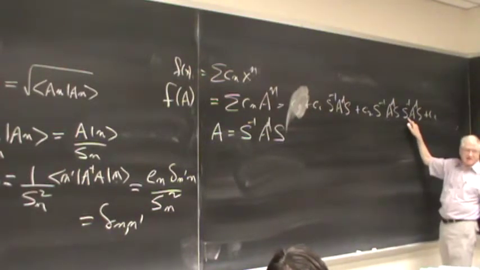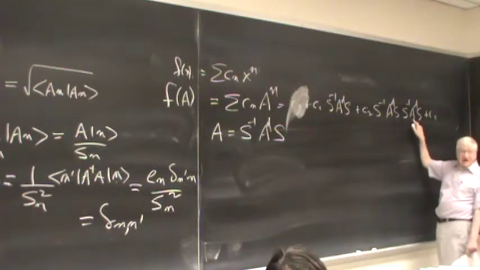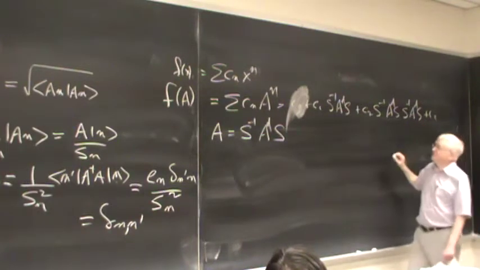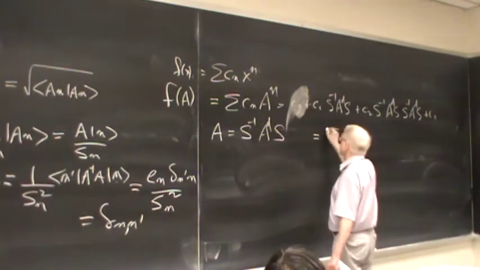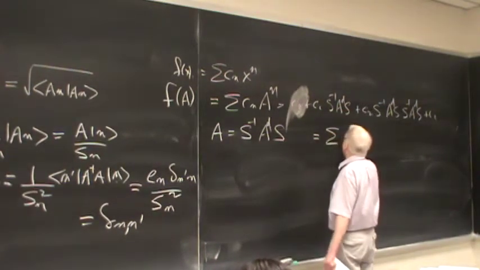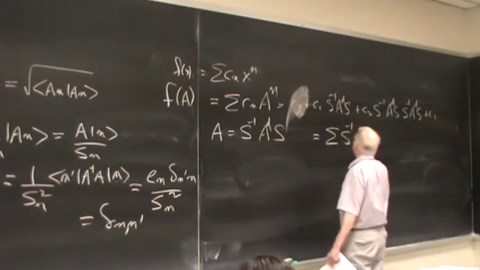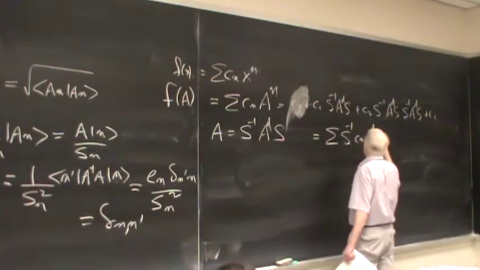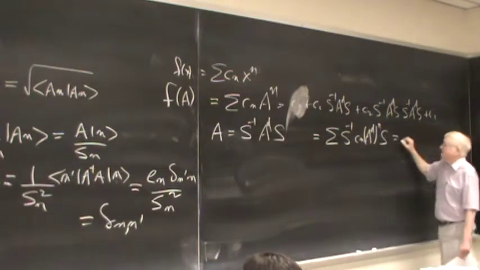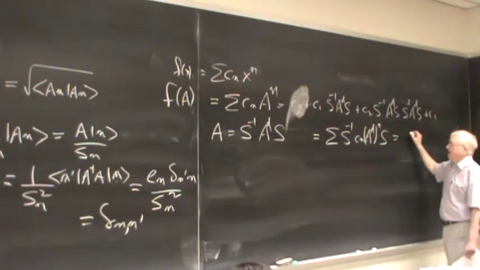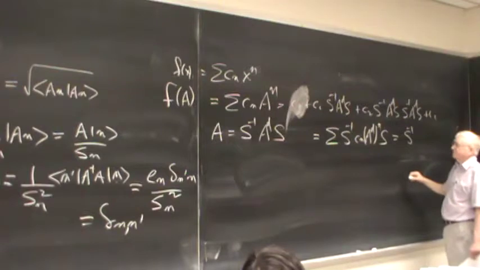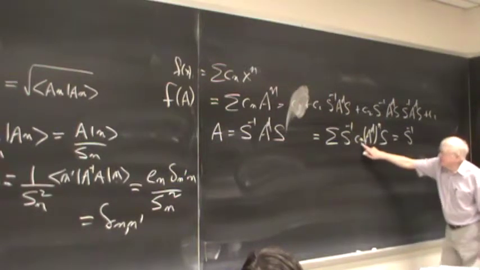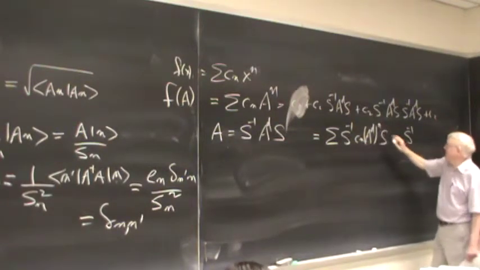SS inverse cancels, and so you get A diagonal squared. So this turns out to be a sum of S inverse Cn A diagonal to the n S, and so this is S inverse sum of Cn A diagonal to the n.